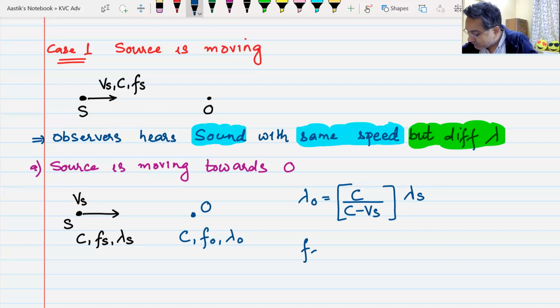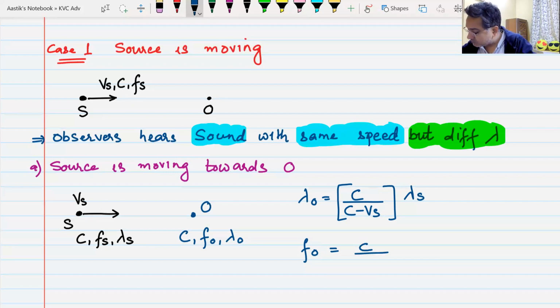And therefore, the frequency received will be V divided by lambda naught, and you put the value of lambda naught, you will get the answer as, everyone noting this down? Yes, sir.